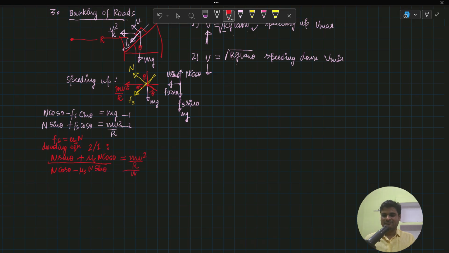And after solving this, we see that v square by rg is equal to tan theta plus mu s. What I was doing, that I was skipping a step.